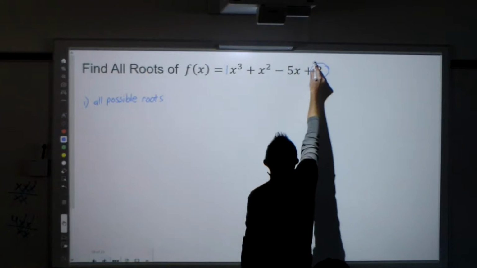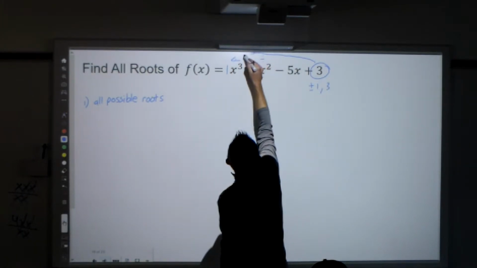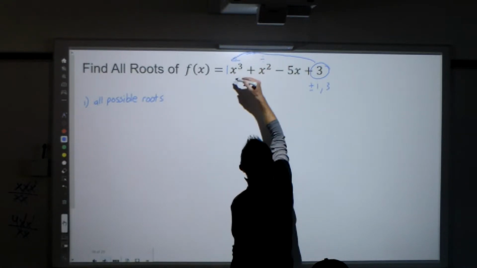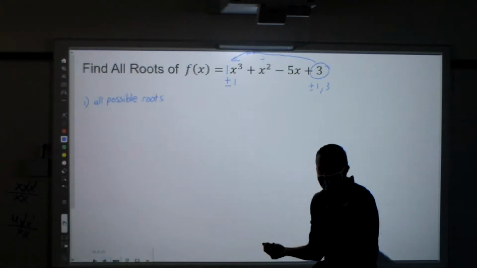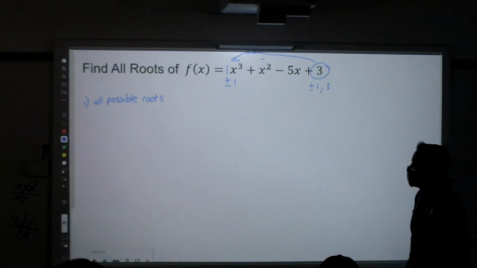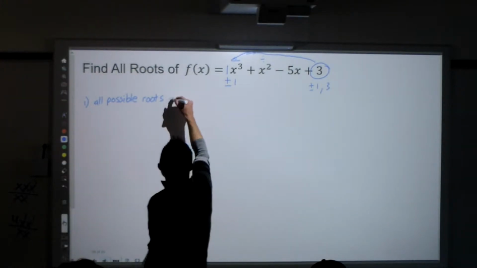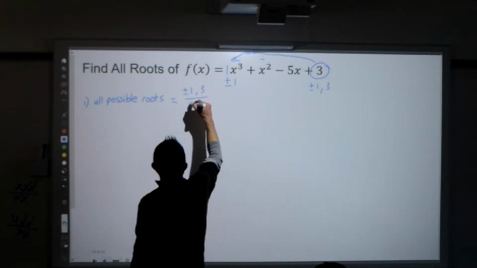And we're going to divide that by factors of 1, which is what? Plus or minus 1. The only numbers that multiply to give you 1 are 1, right? So let's take those factors here. We're going to have plus or minus 1 and 3 divided by plus or minus 1.